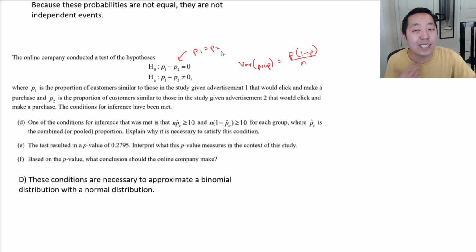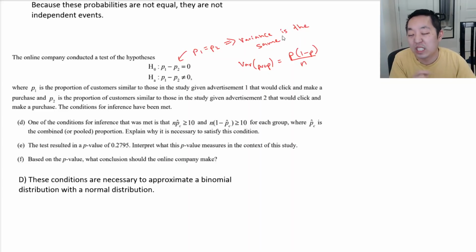If P1 is equal to P2, that implies that the variance is the same. So we're assuming the variance is the same between the two proportions, because that's what the null hypothesis said. Now, if P1 minus P2 were equal to some number that was not 0, we would not use a pooled proportion, because then we would be assuming that the variances are different.